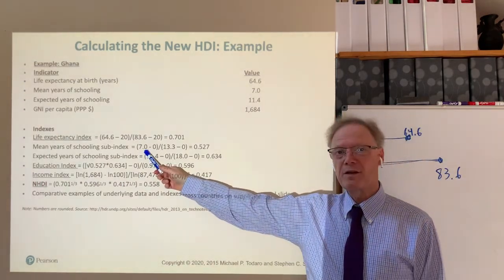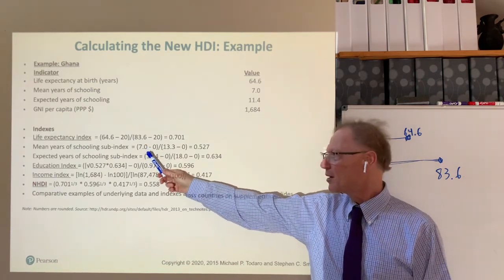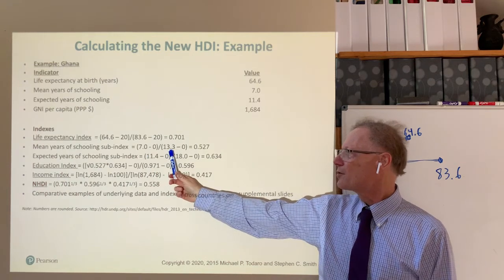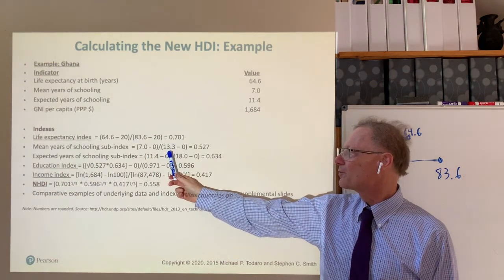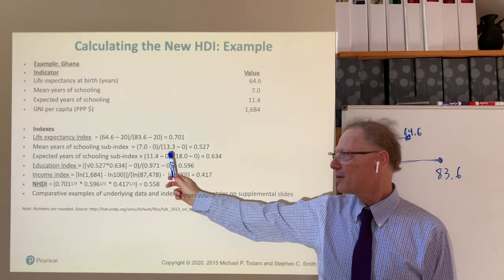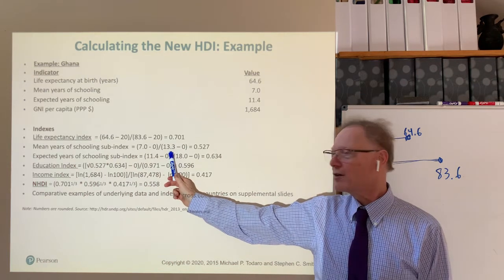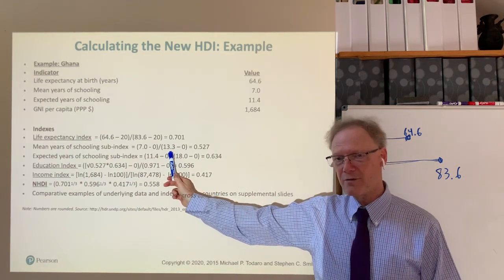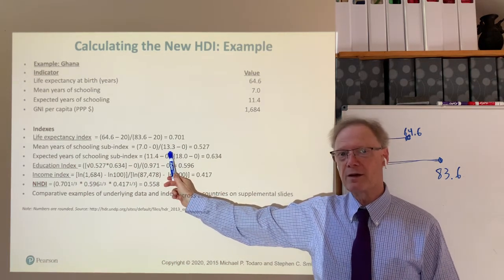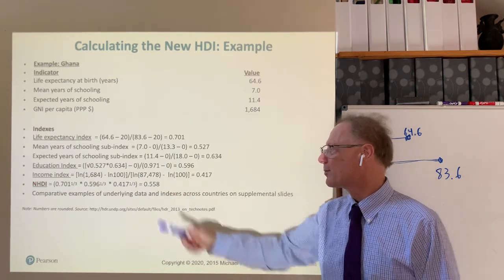The country had 7 years of schooling, and so there's 7 years above 0. The upper goalpost was given at 13.3, the highest in the world at that time, the United States, which had, on average, in its population in that year, 13.3 years of schooling.